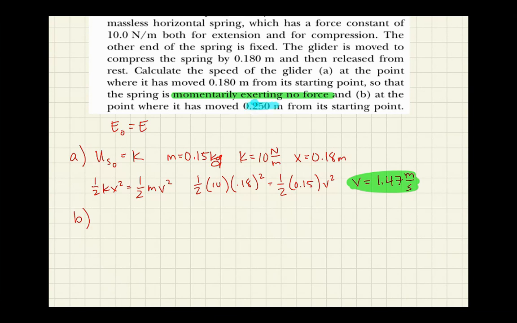Now that 2.5 meters is a little bit tricky because that number gives me some information. That means that my position of the spring relative to its resting length is going to be 0.25 meters minus the 0.18 meters.